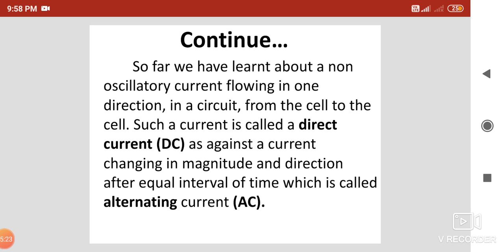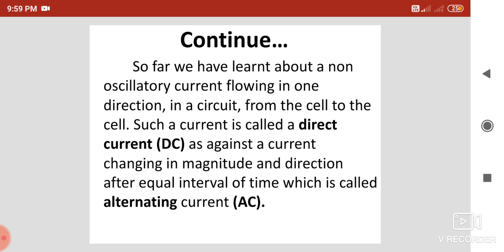Now let us start with AC current and DC current. So far we have learned about non-oscillating current flowing in one direction in a circuit from cell to cell. Such a current is called direct current. Suppose you have taken one battery cell connected to a bulb.